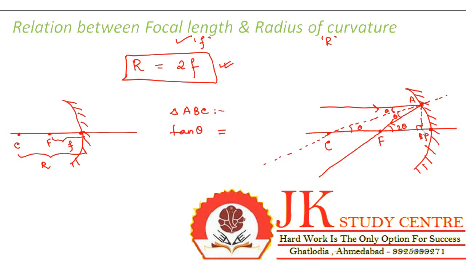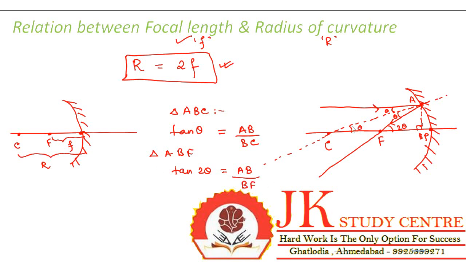The perpendicular is AB and the base is BC. So tan theta is equal to AB by BC. Now look at triangle ABF. In triangle ABF, tan 2 theta is equal to AB by BF.